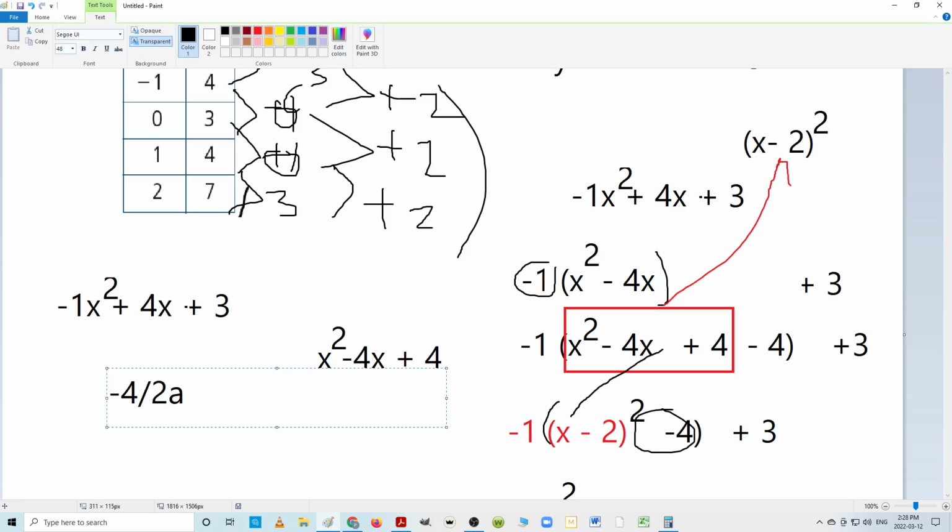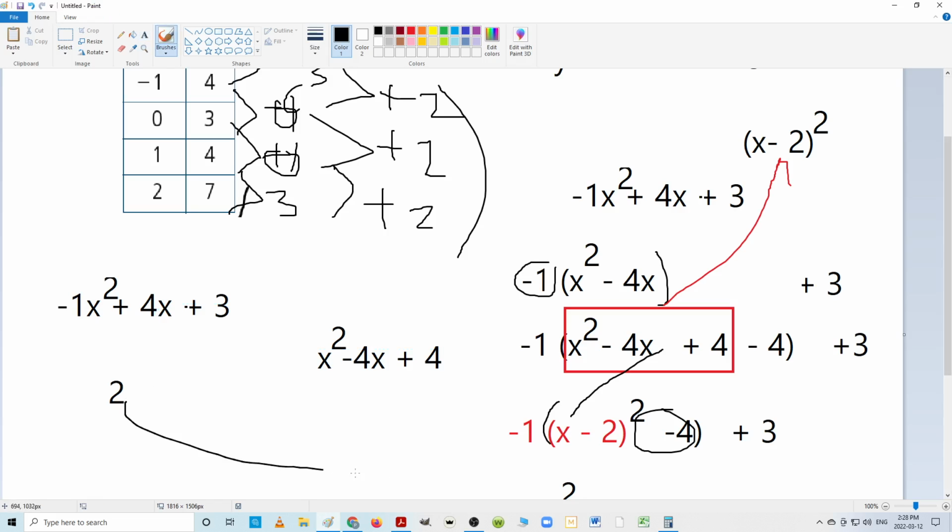So minus 4, over 2a. My a is minus 1, so what's 2 times minus 1? Minus 2. What's minus 4 divided by minus 2? It's 2. And sure enough, you discover the x value of your vertex.